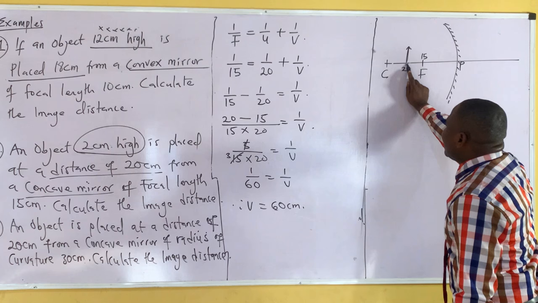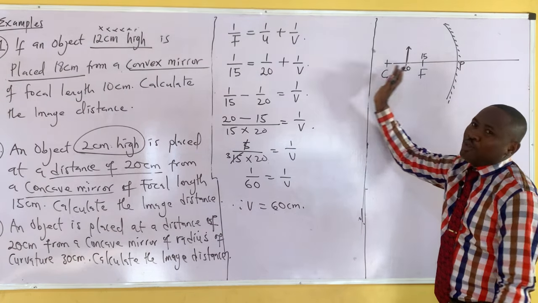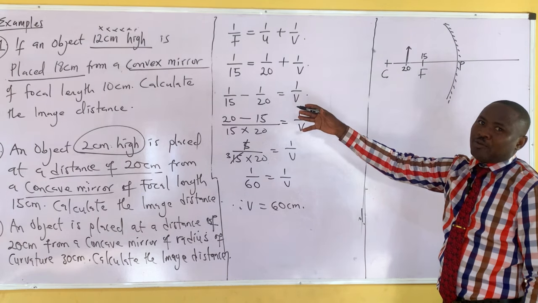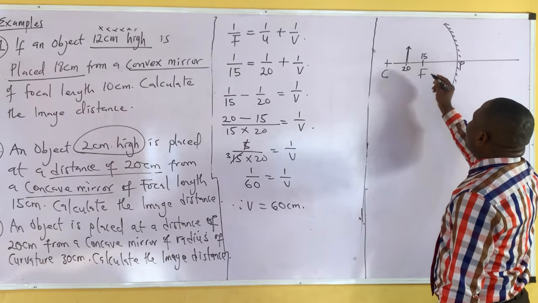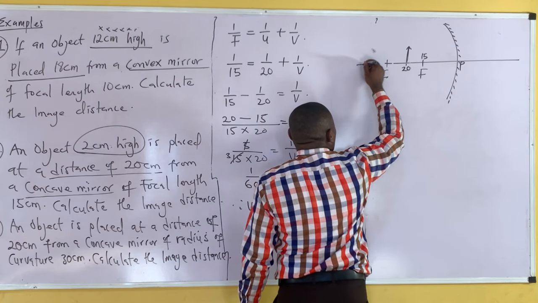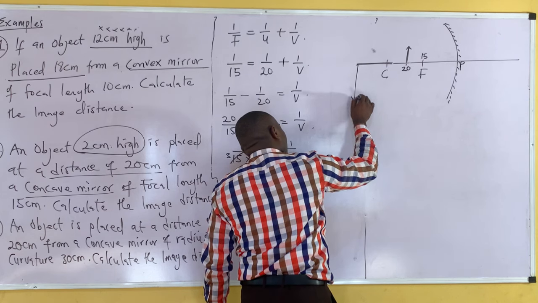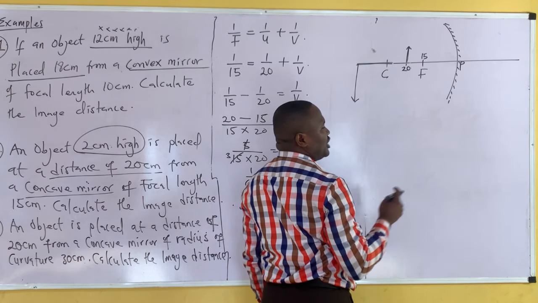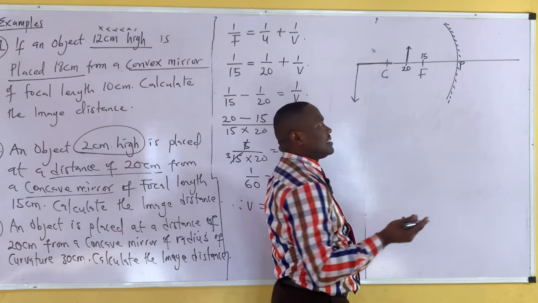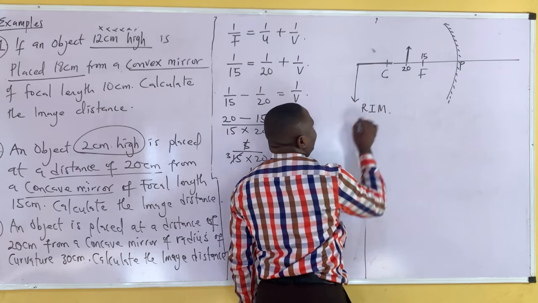If an object is placed between F and C, remember the image is always beyond C. We've done that in our previous class. So now I'm expecting an image beyond C, and the image is magnified and inverted.